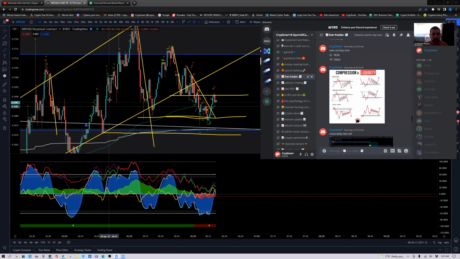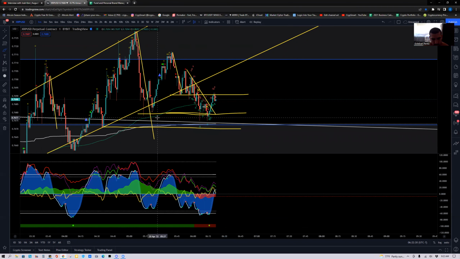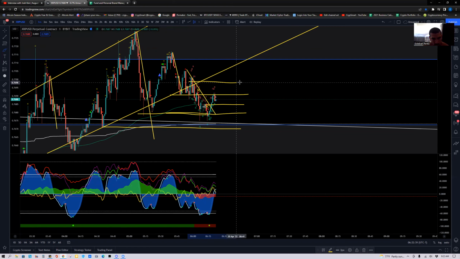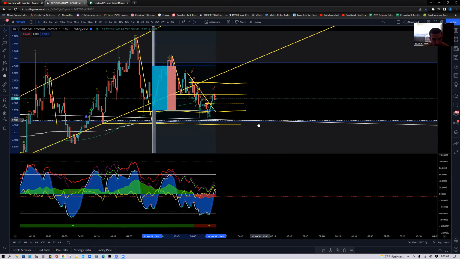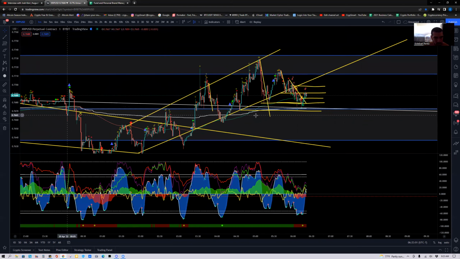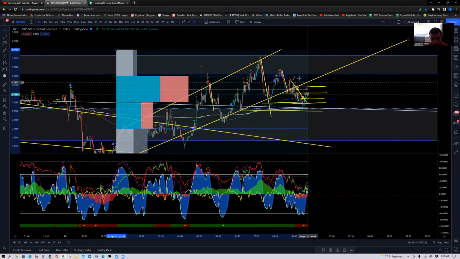Support demand level here. About these little support zones. Sell zones right here.